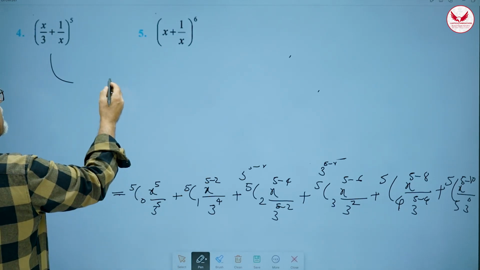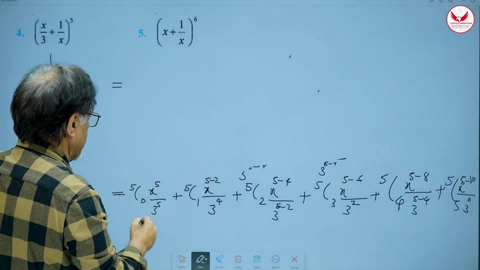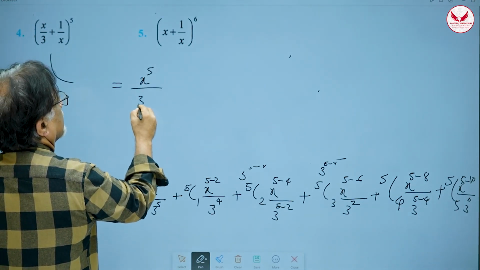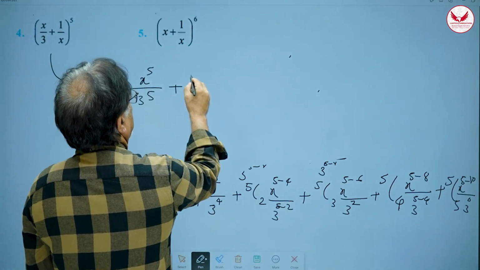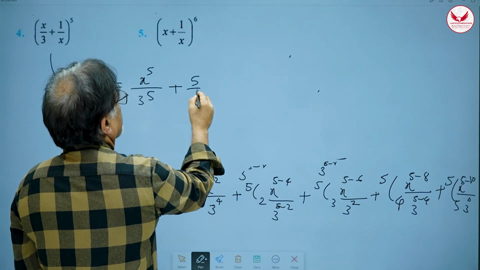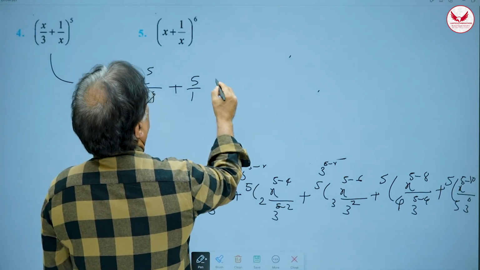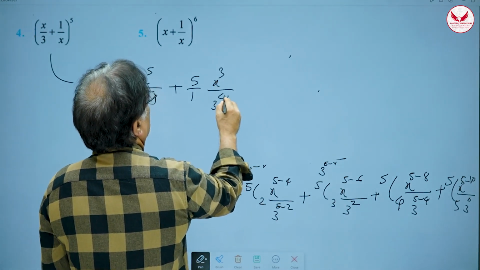5C0, you know it is 1. So therefore I will write 1 here. The first term has coefficient 1. And x raised to 5 divided by 3 raised to 5, okay? Now plus 5C1, which is 5, correct? 5 upon 1. x raised to what? 5 minus 2. So it is x cube and divided by 3 raised to 4.